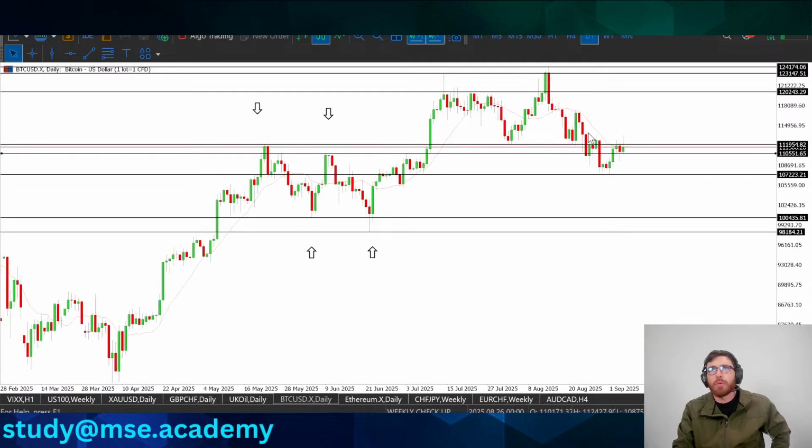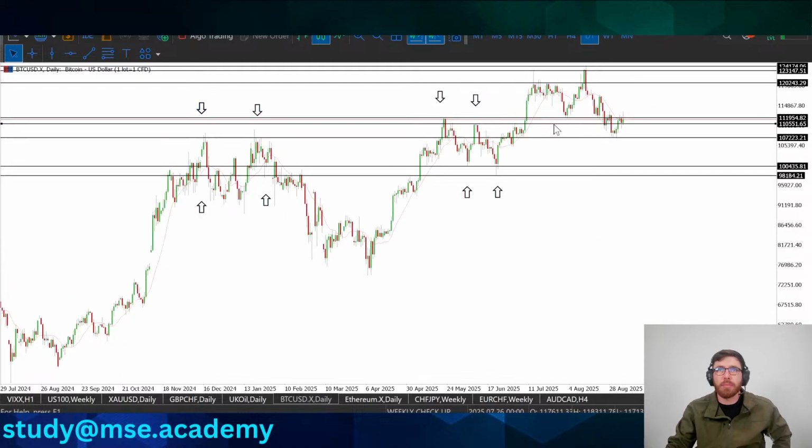Setting up these support and resistance levels allows me to just see where my zones are going to be. For me personally, I can see that this is going to be quite a strong historic zone here. But as you can see, when the market pulled back here, it broke down below those previous historic levels quite strongly.